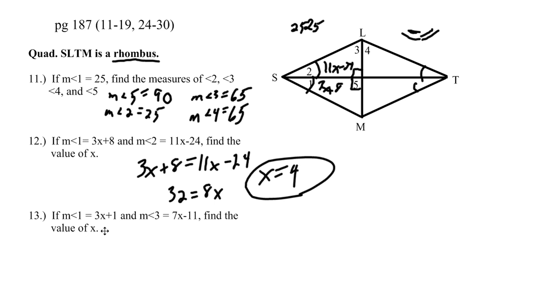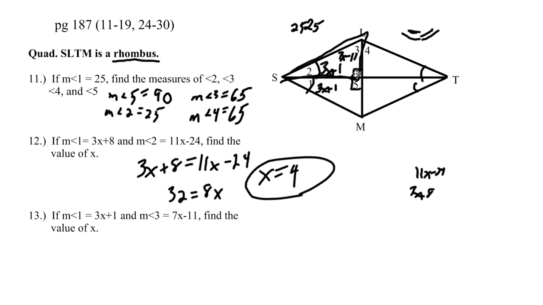Next we have angle 1 is 3x plus 1, and angle 3 is 7x minus 11. So here's 3x plus 1. So angle 2 is also 3x plus 1. And angle 3 is 7x minus 11. Now we said earlier that the three angles in this triangle will make 180 degrees.